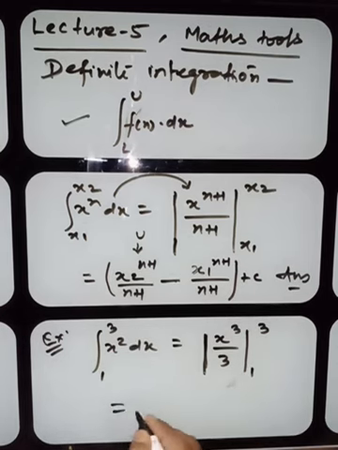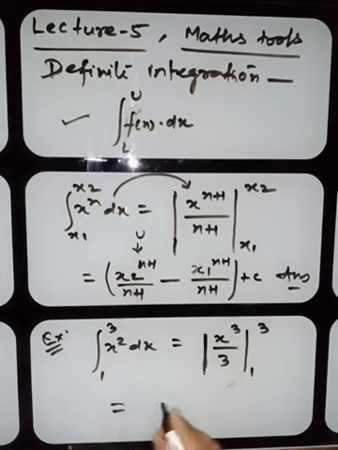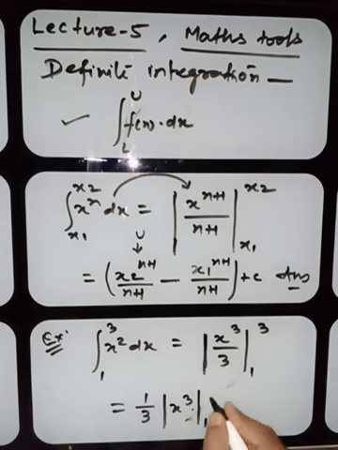Whenever you are putting the limits, dear student, try to minimize your work. Take the constant outside, because the limits will not affect the constant. They are for the variable. So x cubed, limits 1 to 3.